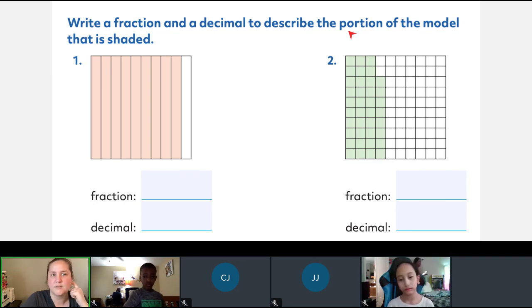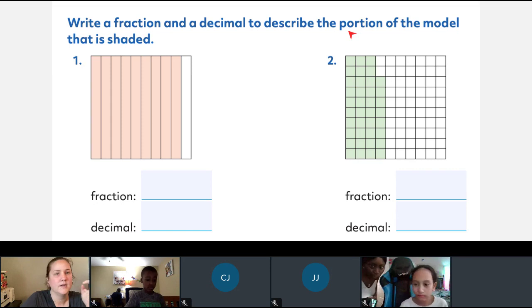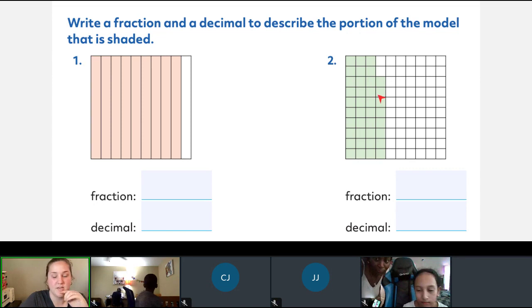Let me show you what I see. And it might just take a second to upload too. But make sure when you click on that Padlet, you click submit.